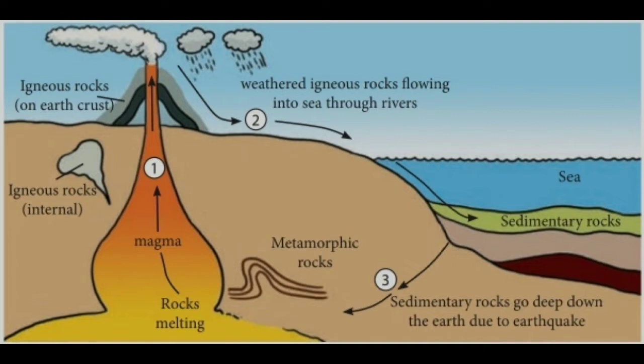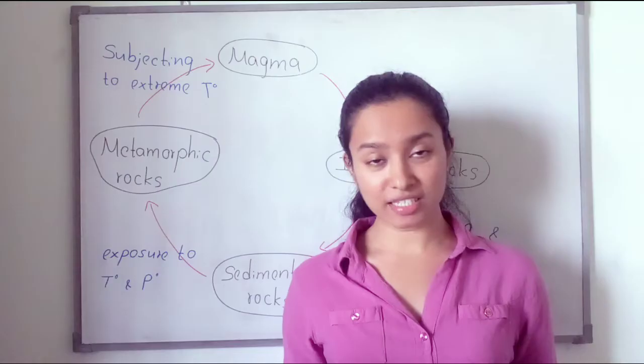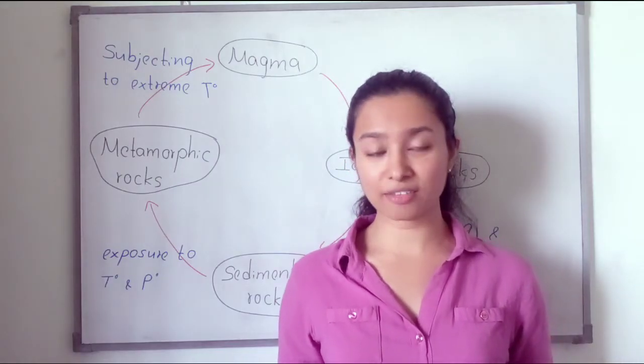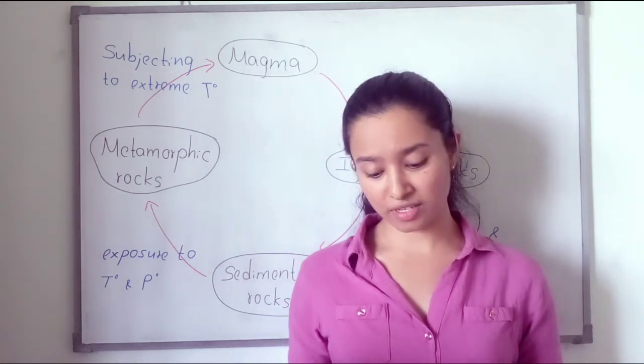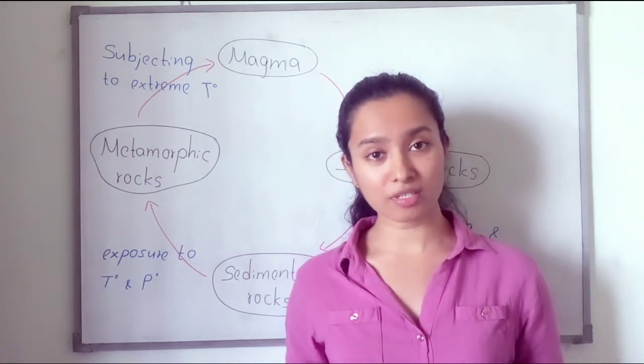Because of this high temperature, these sedimentary and igneous rocks get melted and form magma again. This magma comes out from the earth crust because of volcanic eruptions. Likewise, you can see this is happening as a cycle. So this is the rock cycle. It takes millions of years to complete a rock cycle.